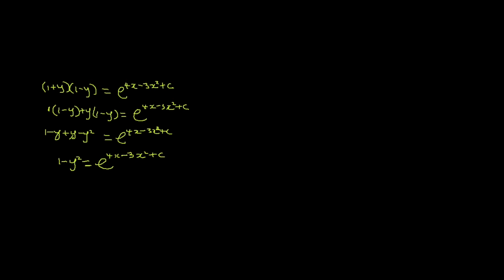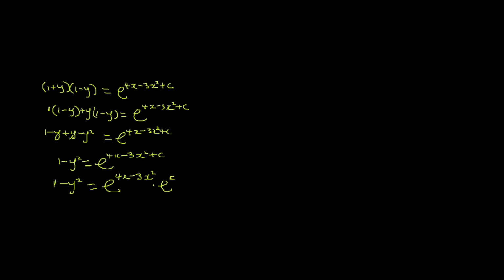From here, from our rule of indices, you can also split this. We are splitting it just because we want our c to be somewhere else. We have 1 minus y squared equals exponential 4x minus 3x squared dot exponential c. Our dot is representing multiplication here, the dot product.